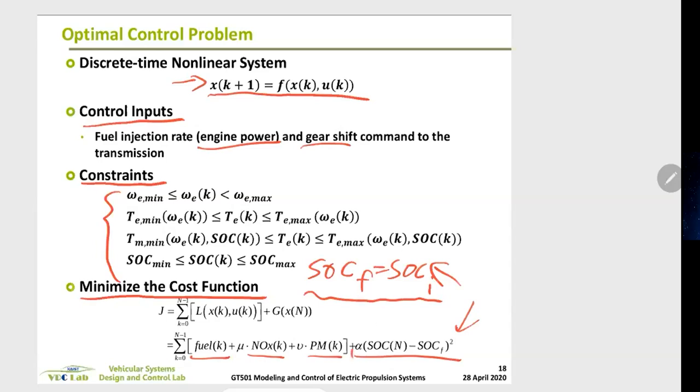So sometimes people have been putting this in the cost function, where it will act as a penalty if your SOC deviates a lot from the desired or initial SOC at the terminal stage, which is the final stage.